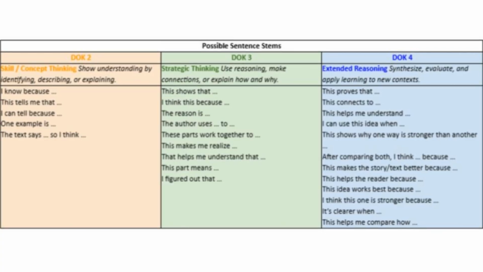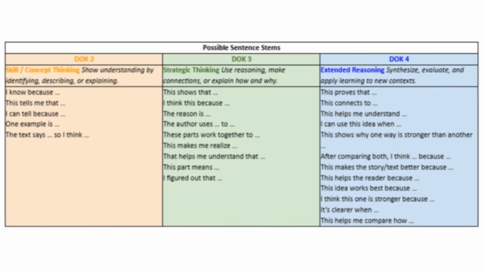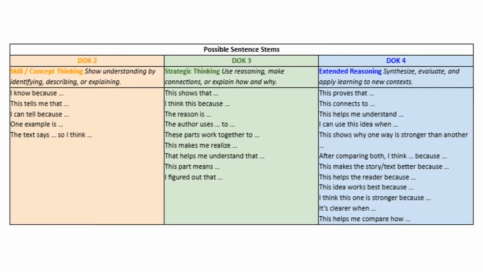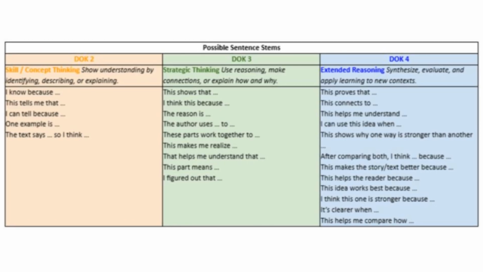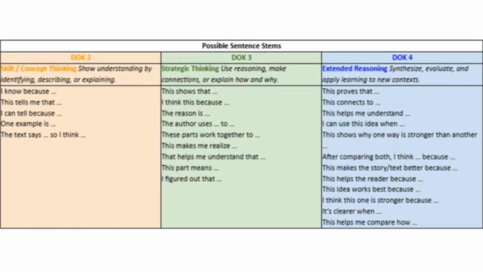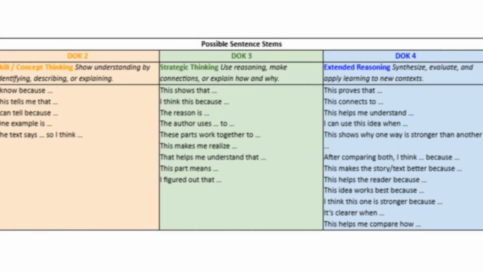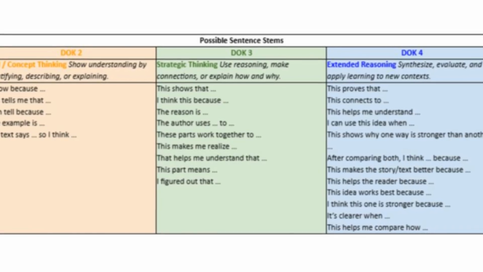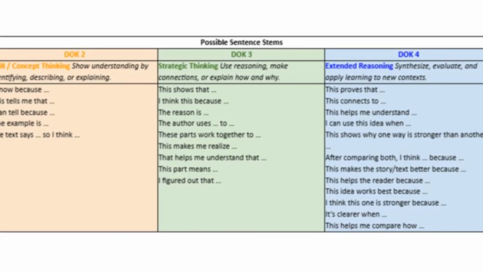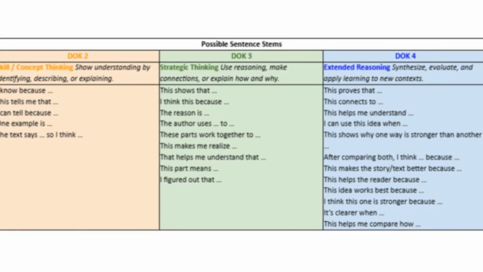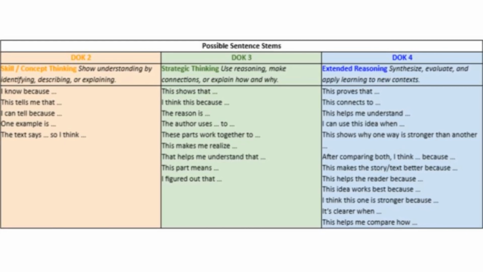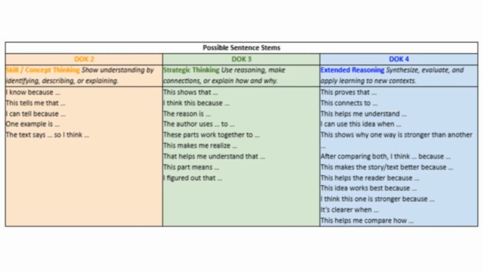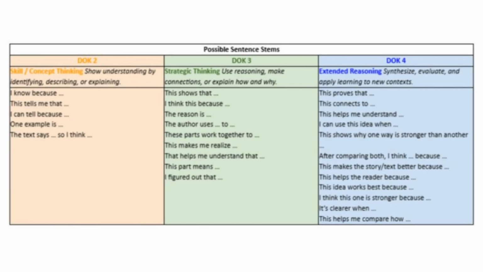This chart provides the language scaffolds that make academic discourse possible. Under DOK2, stems like, "I know because," or "The text says, so I think," help students express evidence-based understanding. DOK3 stems such as, "This shows that," or "I think this because," prompt students to connect ideas and infer meaning.